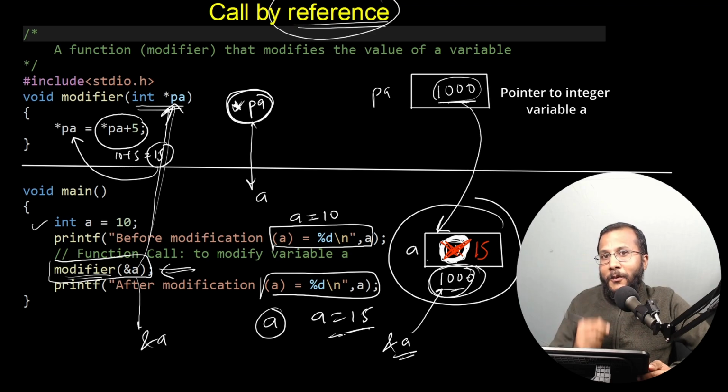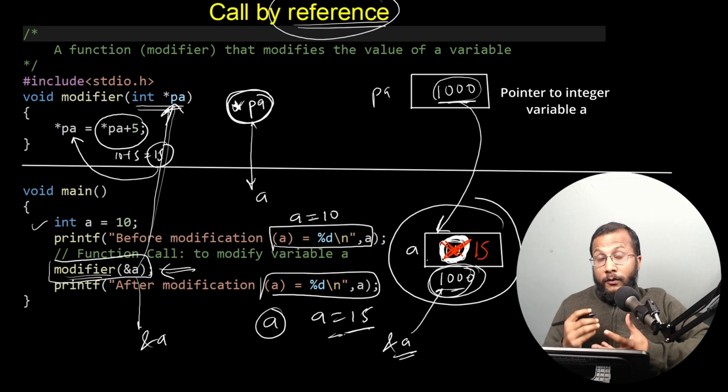Now this is only possible when you pass the address of the variable. This is where pointer is used. So whenever you would like to perform the modification in the original location, not in the copy, in that case you have to pass the reference to that variable. Like in this example, we have passed the reference, the address of this variable a. Therefore, the function that is receiving this address should be able to modify this variable.